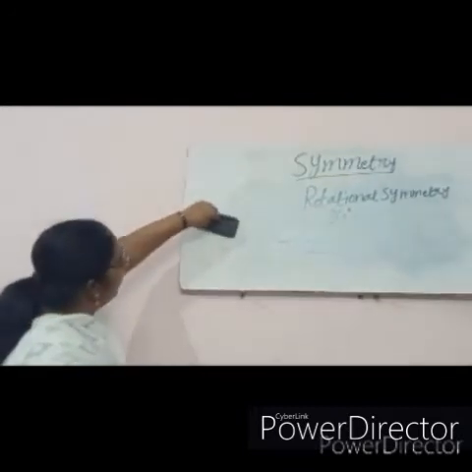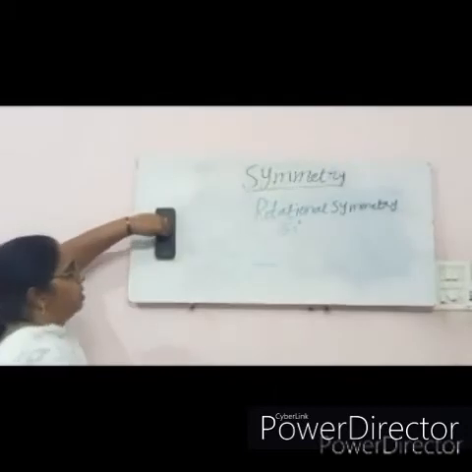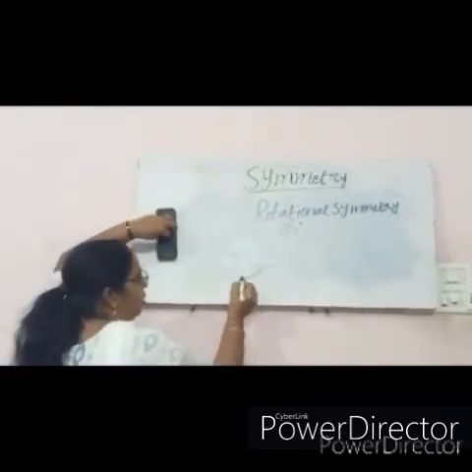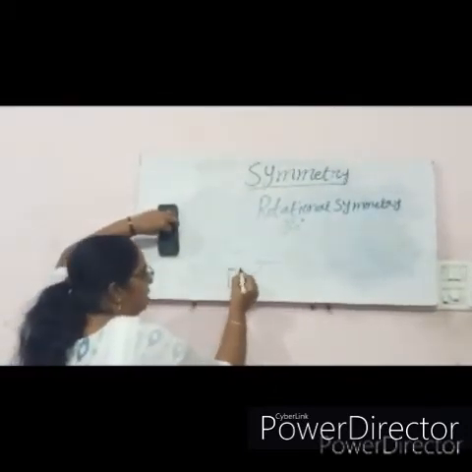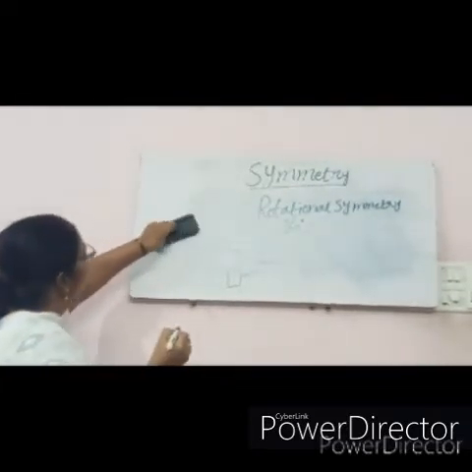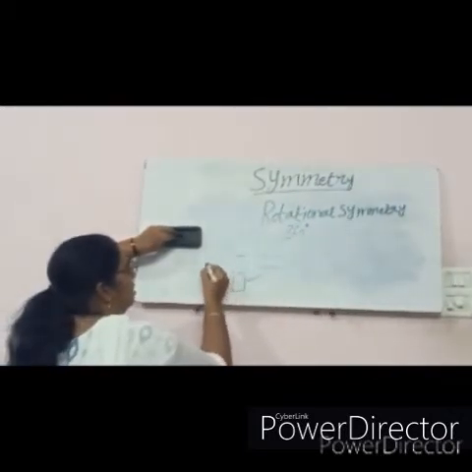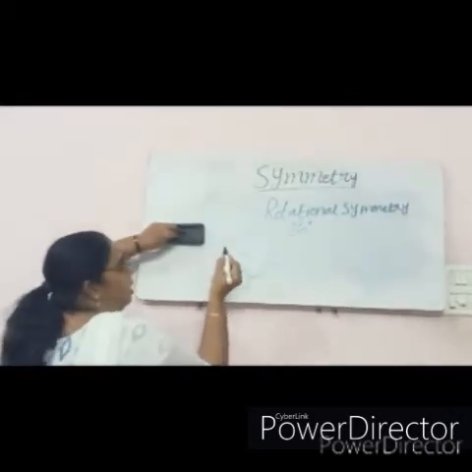Now I am rotating like this still. So this is 180 degrees, and now your duster position is this. Now I am rotating again. So this is 270 degrees. Your duster position is like this.